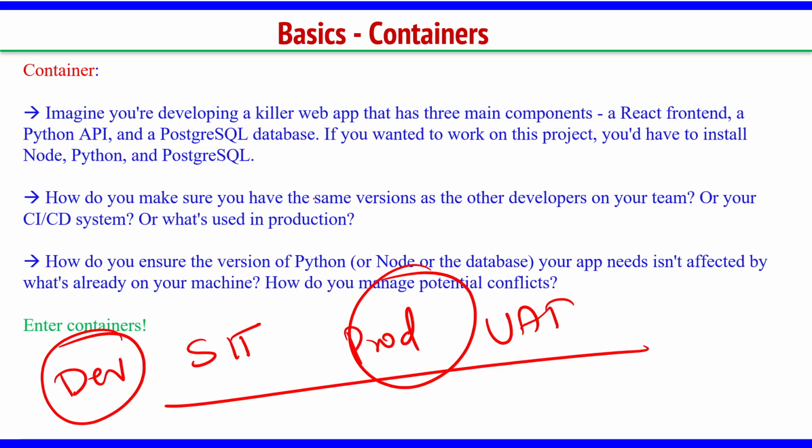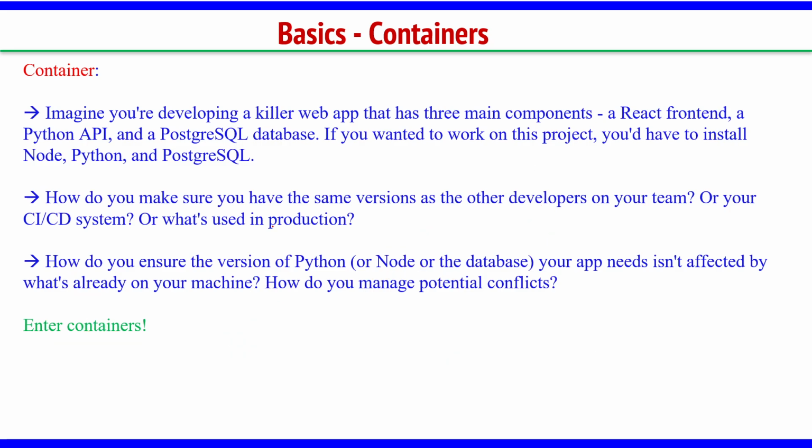And if there is a difference in the versions, that program will not execute there. The code which is executing in this environment may not execute in UAT, SIT or production. It will fail because there is a lot of dependency on the version, especially when talking about Python programming.